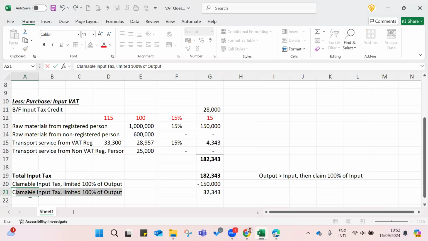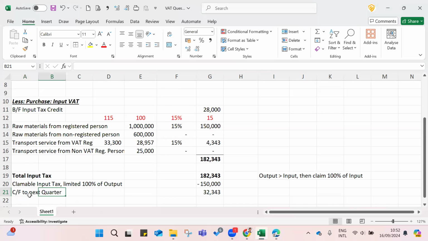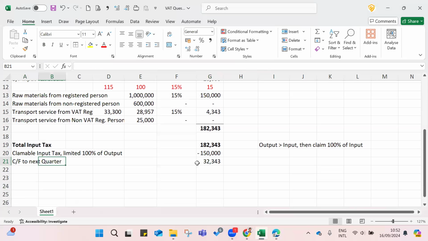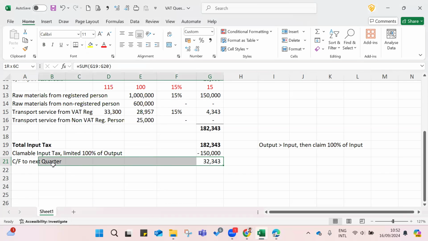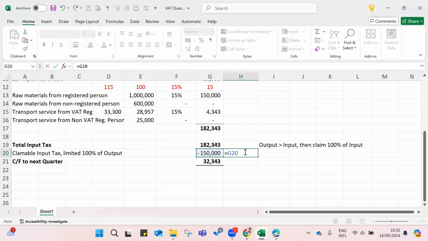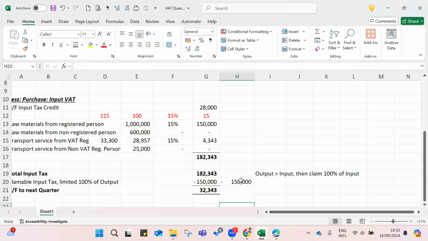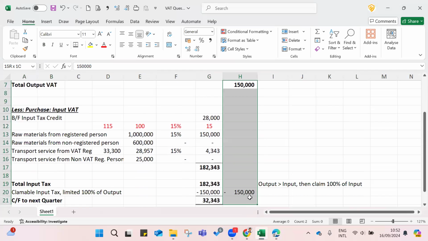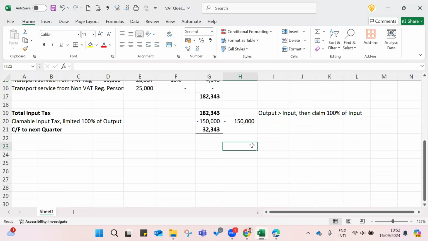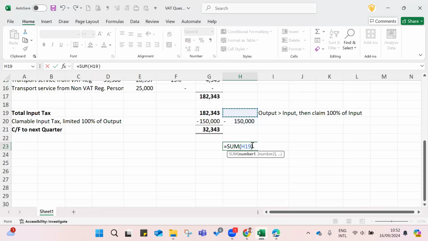You need to carry forward this amount to next quarter, right? Then you are claiming only 150, this amount. Then 115 minus 115 nullifies, and you will end up with 0, right?